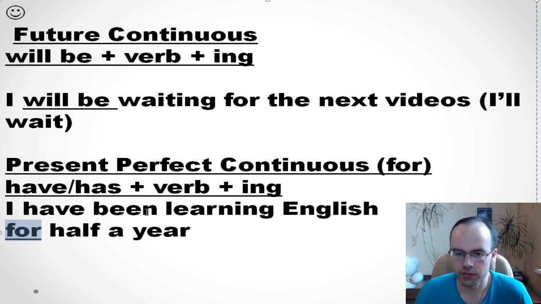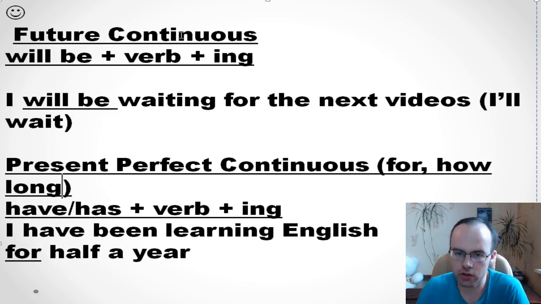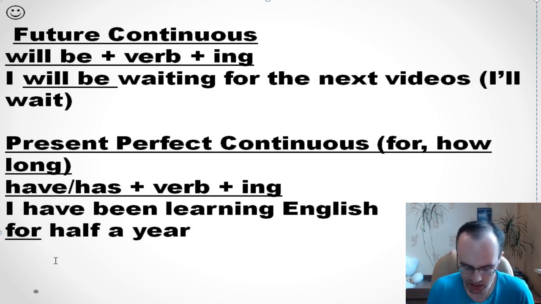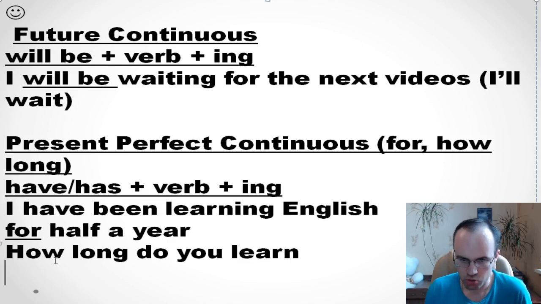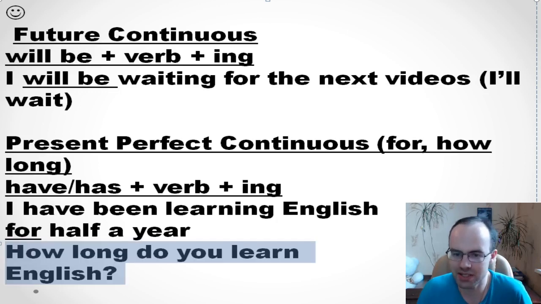You know that we often hear this kind of question, with for and how long. So how long? And many students use it incorrectly. They say, how long do you learn English? But you know, my friend, it's absolutely ridiculous to say so. It's a very big mistake.